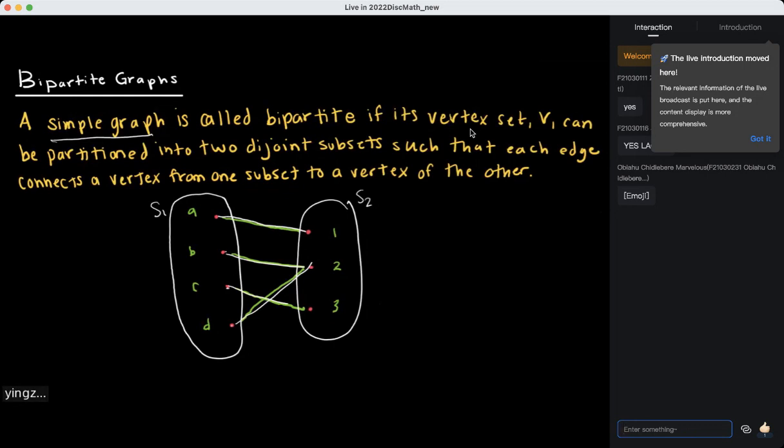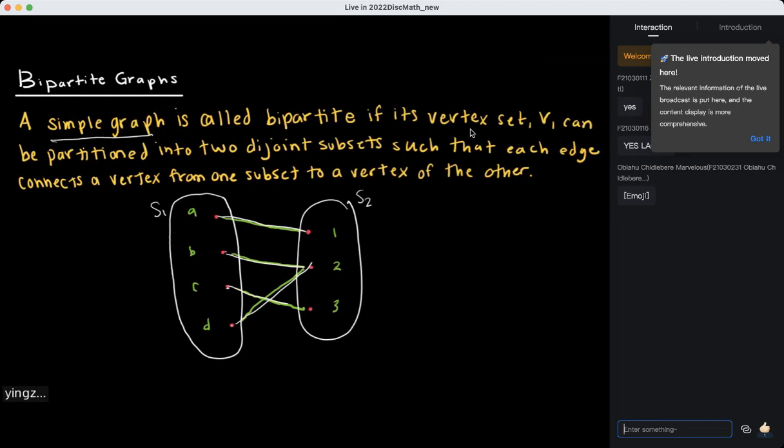So for general graph theory, we sometimes want to use this special graph. We call it the bipartite graph. That means we divide the graph into 2 parts, and one part can be seen as the input domain, and the other part can be seen as the output domain.